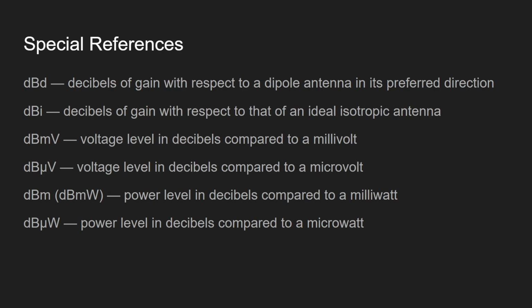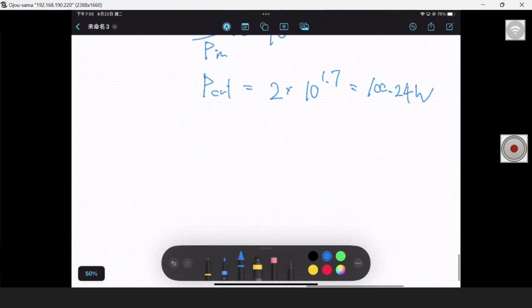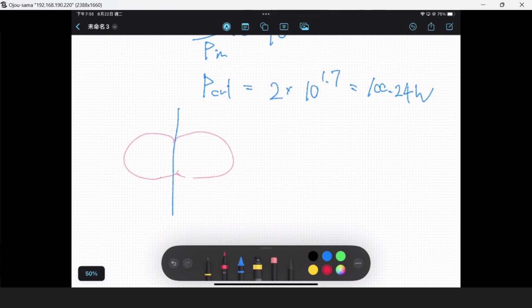My drawing skills are really bad, but I will show you. They actually draw it in a donut shape. It will radiate in this way. This is what we call an isotropic antenna.